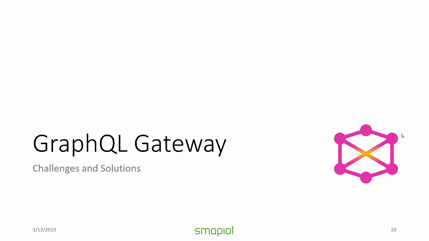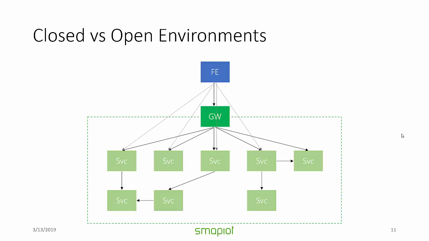Alright, so I hope that gives you at least an idea what GraphQL is about. Let's see what now GraphQL gateway solves that a standard API gateway doesn't. Let's see some of the challenges and potential solutions. First, let's discuss the closed versus open environment.